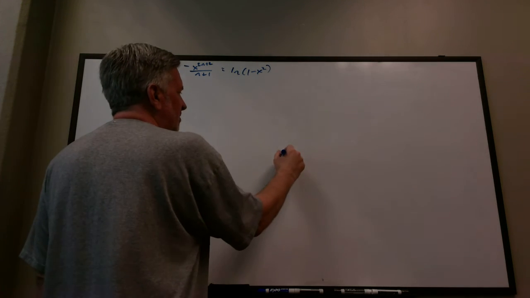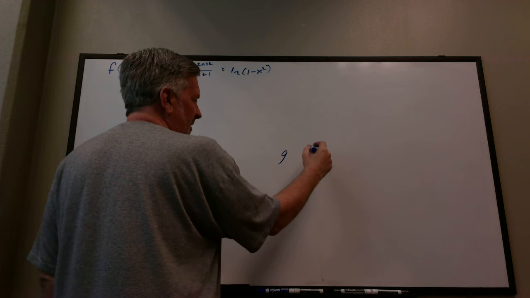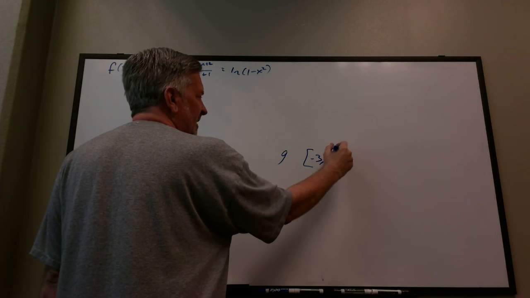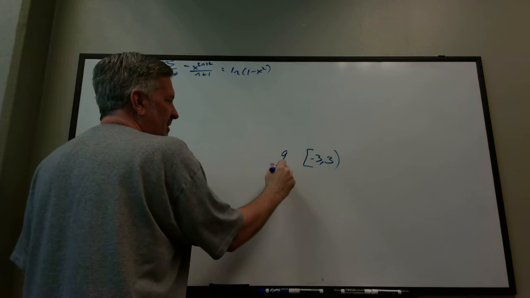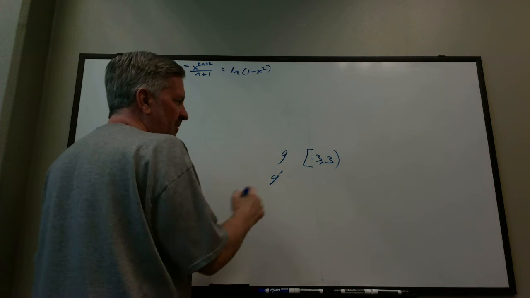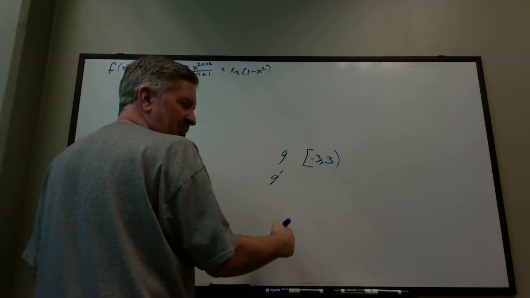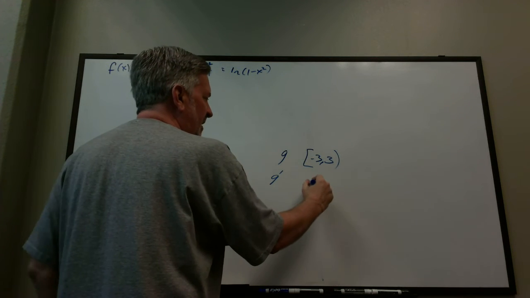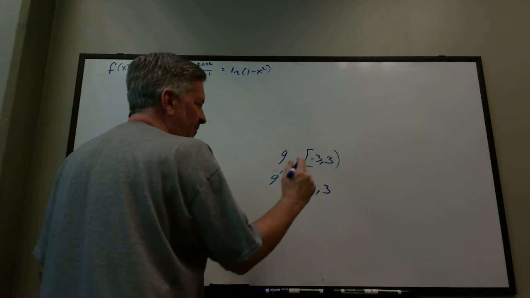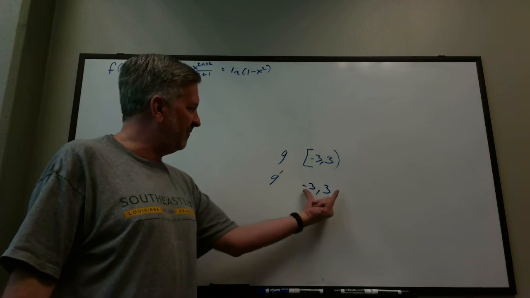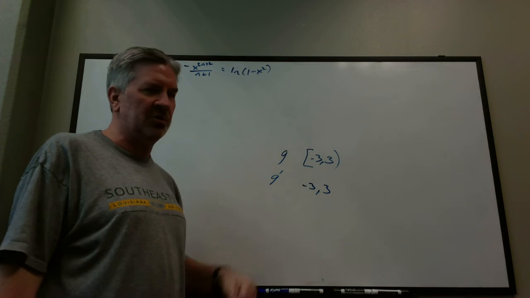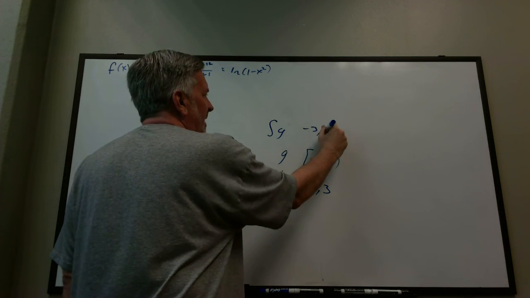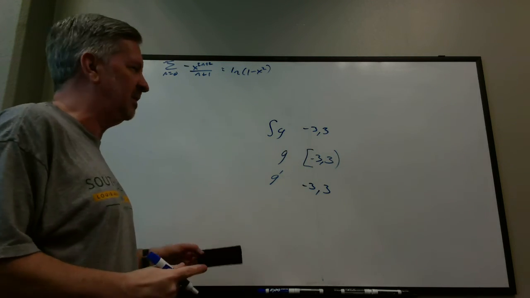So if you had some function g, and I'm making up something here, centered at 0, and your interval of convergence was -3 to 3, say, and then you looked at g prime, this is centered at 0, the radius of convergence is the same, so you're still centered at 0 and go 3 either way. So the interval of convergence is still going to be from -3 to 3, it's just the endpoints could be different. Same thing if you do the integral of g. It's still going to be from -3 to 3, it's just the endpoints could be different.